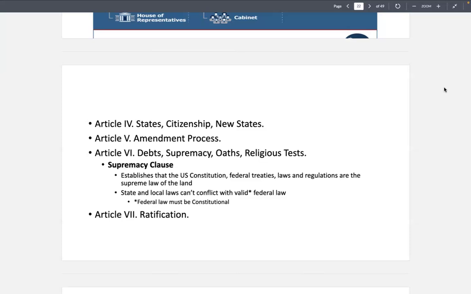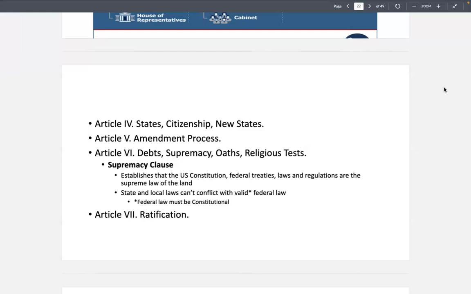So state and local laws can't conflict with valid federal laws, valid meaning federal laws must be constitutional. But if there is a valid federal law and a valid state law that are both constitutional, but they are in conflict, under the Supremacy Clause, the federal law will win. And the United States Constitution is, above all, the supreme law of the land.